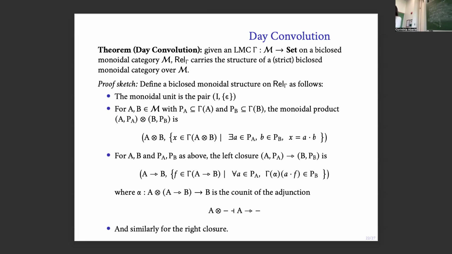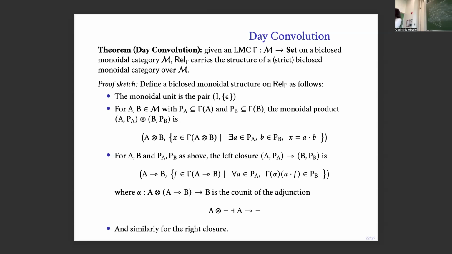I embed M, maybe I want M-op, or maybe there's going to be a variance issue, but I want to look at the category of functors from M to Set. That's a monoidal category for the Day convolution. And a monoid in this category is the same as your monoidal functors.